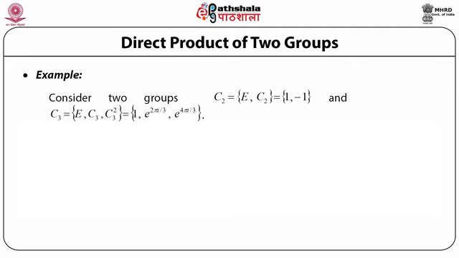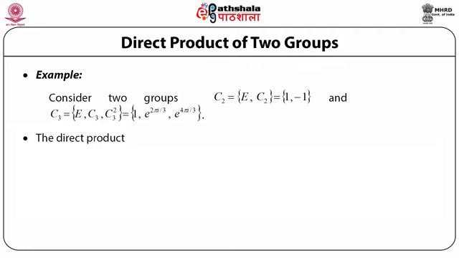Consider two groups: a group C2 with two elements, the identity E and element C2, where E is equal to 1 and C2 is minus 1. And another group C3 of order 3, whose elements are E, C3 and C3 square, where E is equal to 1, C3 is e to the power 2 pi i by 3, and C3 square is e to the power 4 pi i by 3.